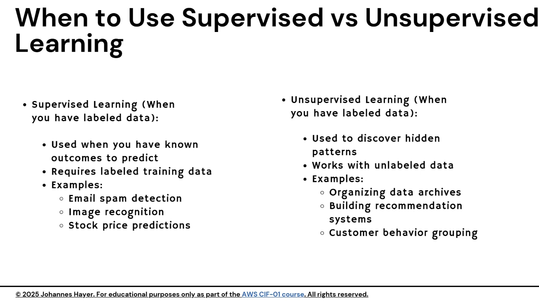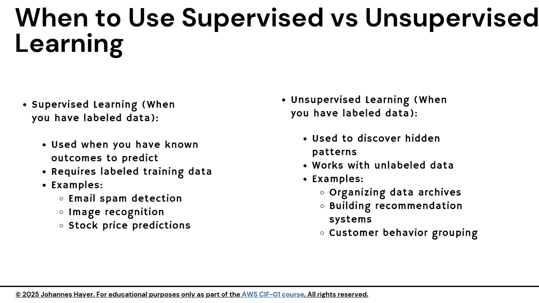with known outcomes. Unsupervised learning, on the other hand, works with unlabeled data, where you are trying to discover patterns or structures within the data itself. This is particularly useful in scenarios like customer segmentation, where you want to group customers based on their purchasing behaviors without predefined categories.